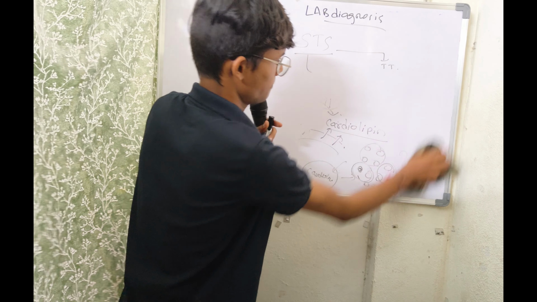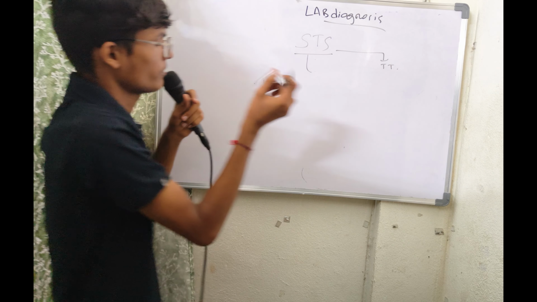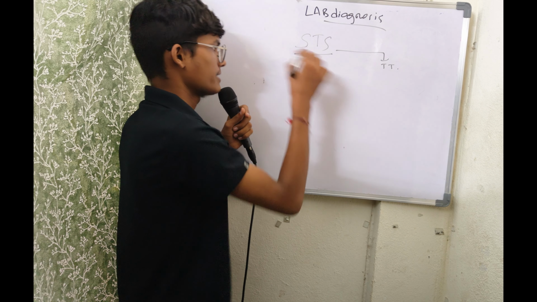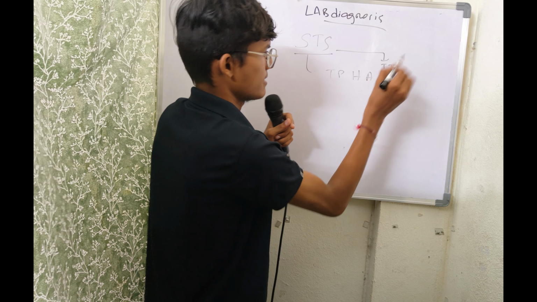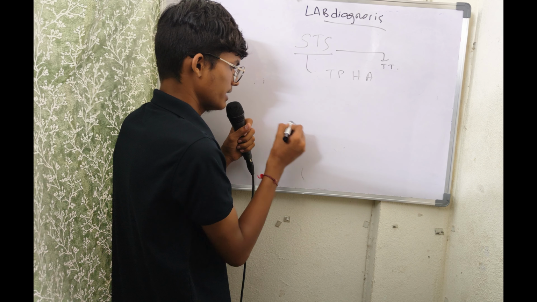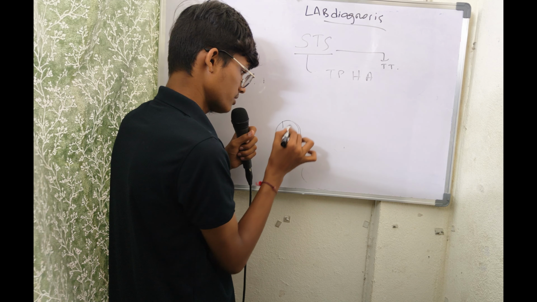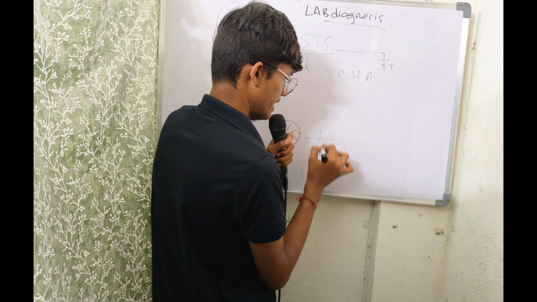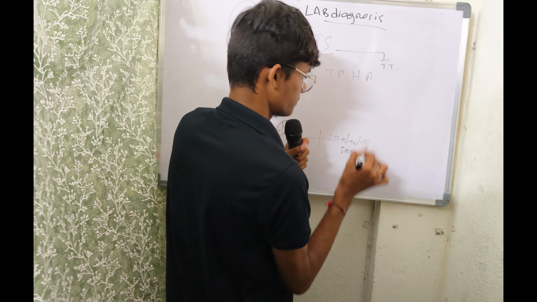Okay, this is the non-treponemal test, and we'll go with the treponemal test. In the treponemal test, the test name is Treponema pallidum hemagglutination assay. First, we'll take RBCs in the lab and coat them with Treponema pallidum antigens, and we will add the patient's serum.